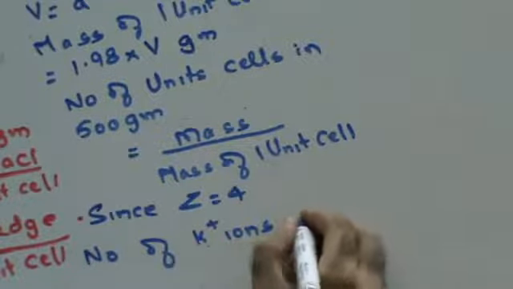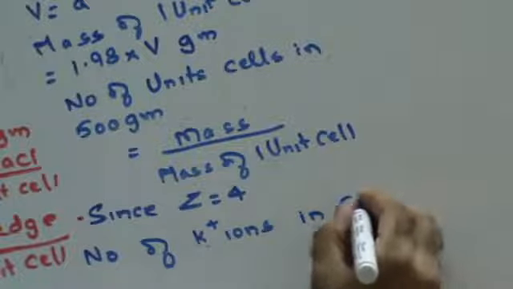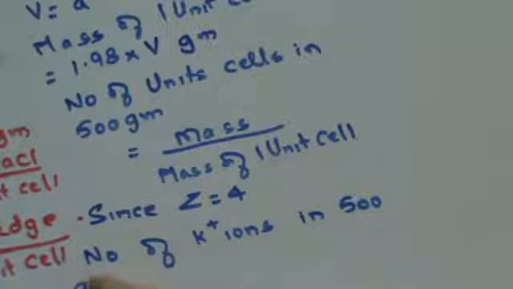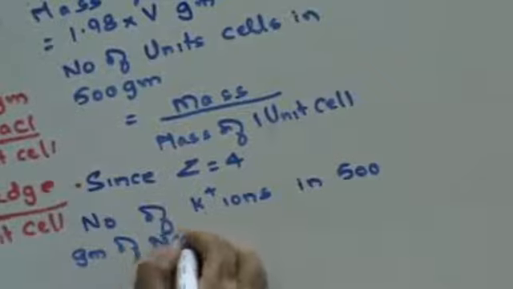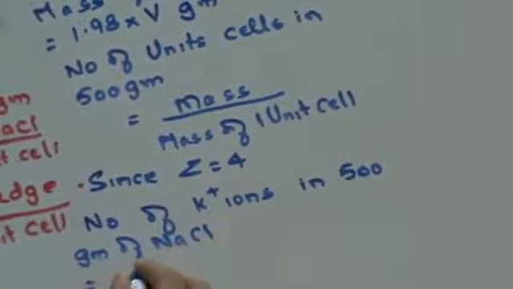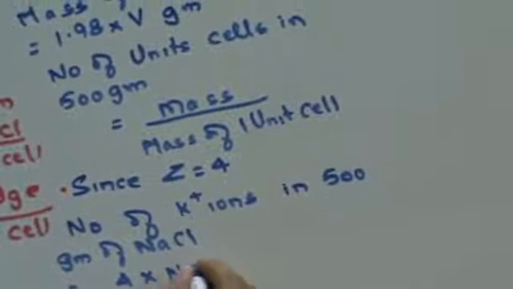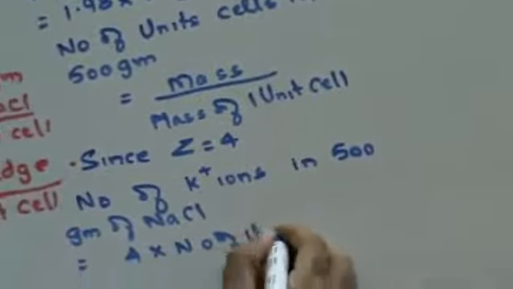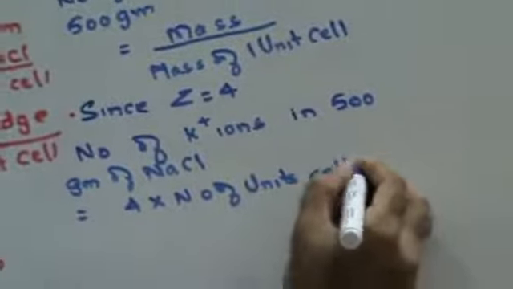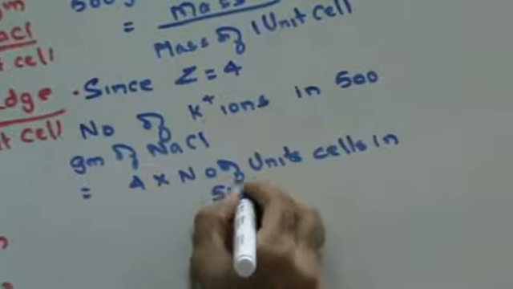Number of potassium ions in 500 grams of KCl is going to be nothing but 4 into number of unit cells in 500 grams. Right? So you should be able to get the answer for this.